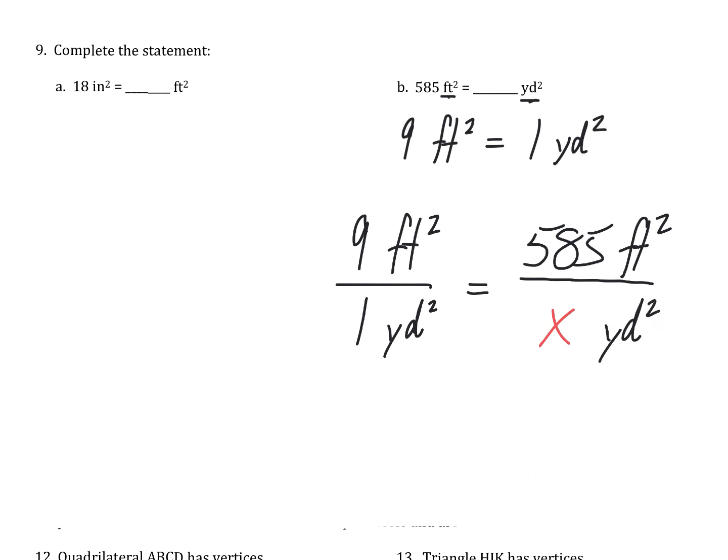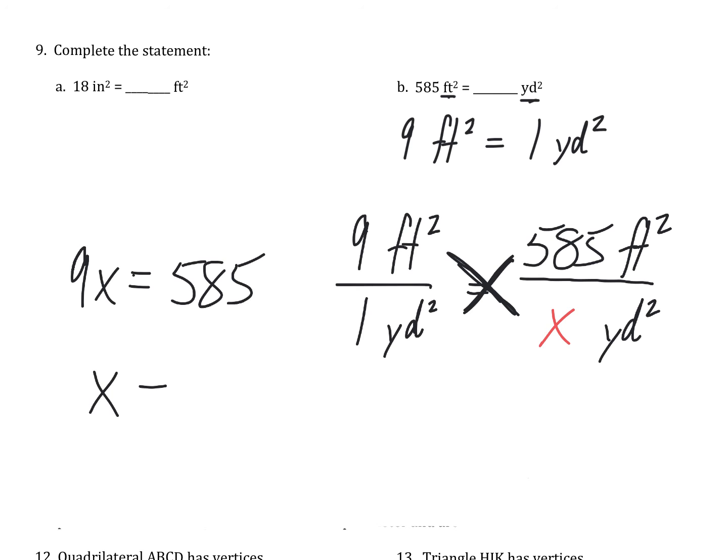So we'll solve it the same way I solved the other one earlier. I'm just going to cross multiply, which is going to give me 9x equals 585, which gives me 65. So my final answer is 65 square yards, or yards squared.